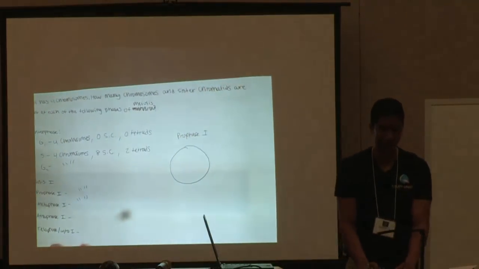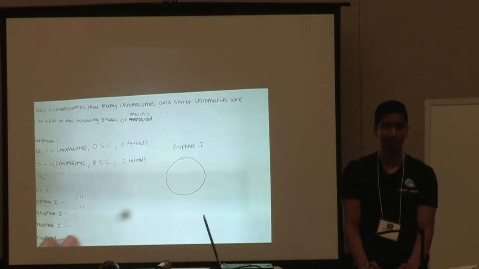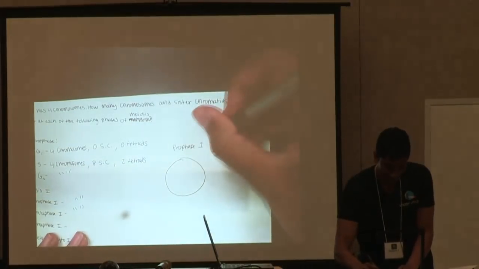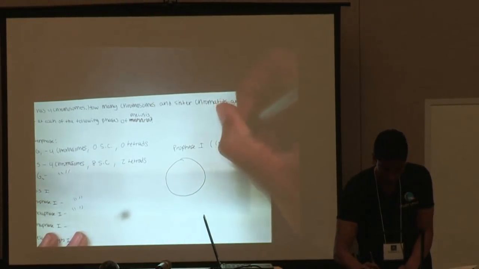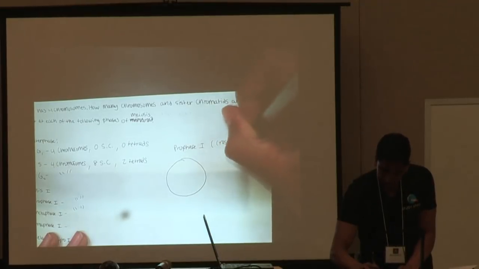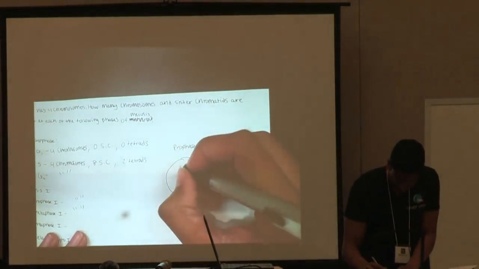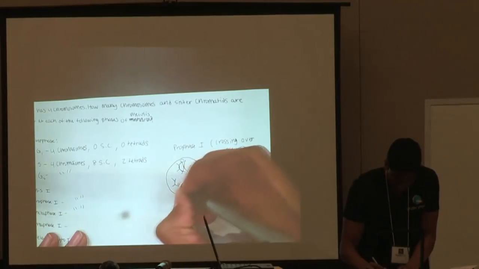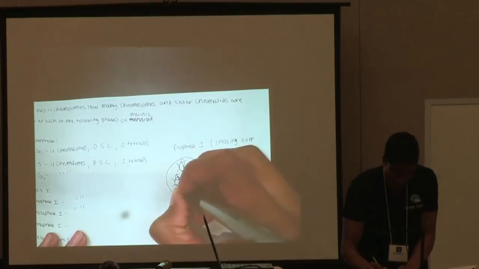So what important event happens in prophase 1? Crossing over, right? So what are these sites right here?